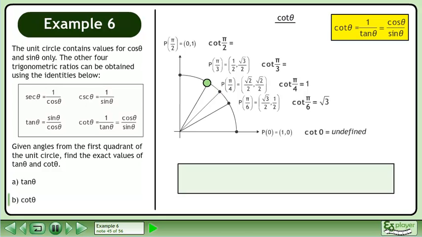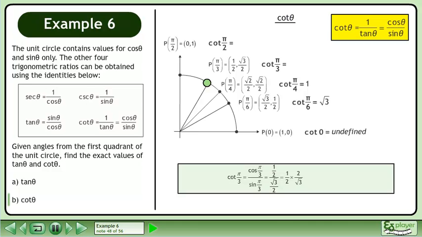Now we'll find the exact value of cotan pi over 3. Cotan pi over 3 is equal to the cosine of pi over 3 over the sine of pi over 3. The cosine of pi over 3 is equal to 1/2, and the sine of pi over 3 is equal to the square root of 3 over 2. Divide the fractions.